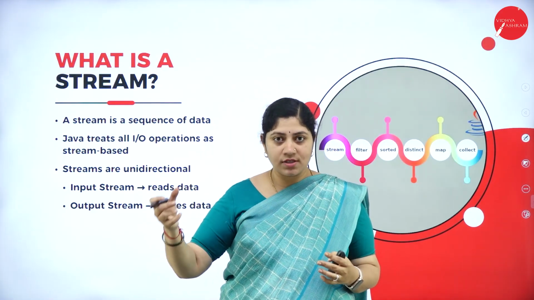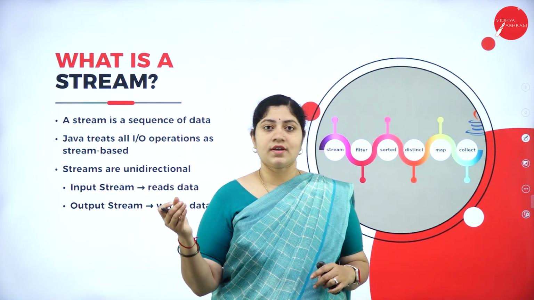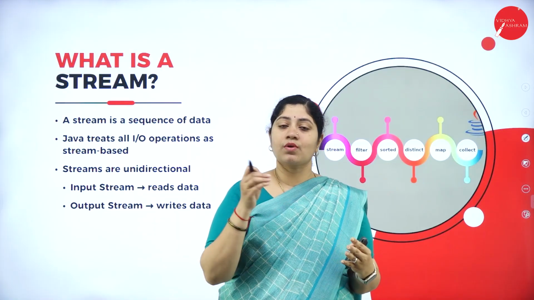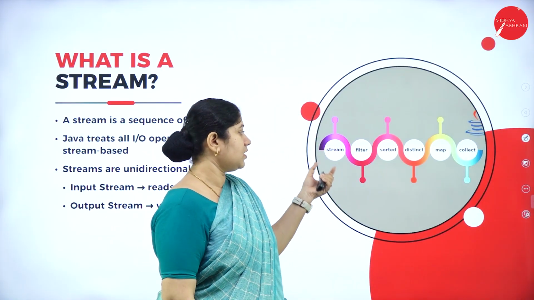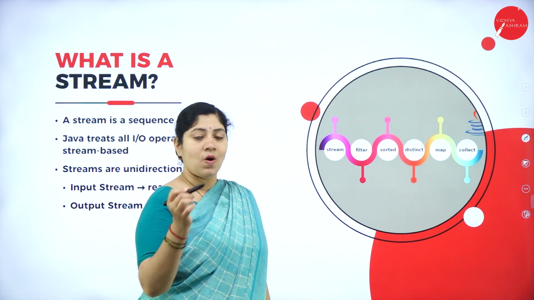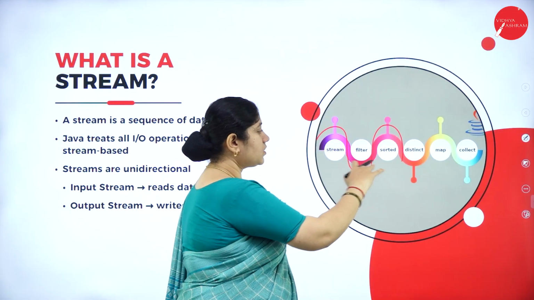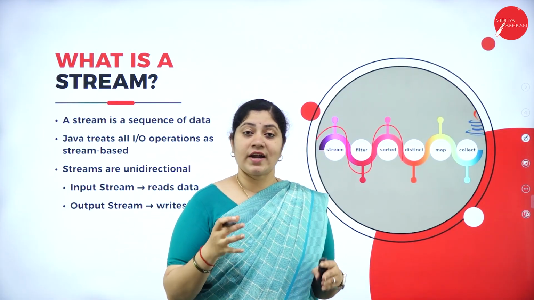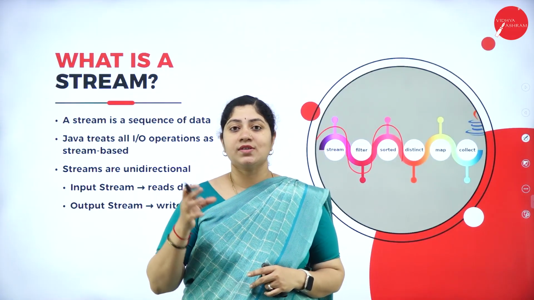It means if you consider an input stream, it is completely utilized to read the data, and an output stream is completely utilized to write the data into the destination. So over here we can see the stream, which forms a sequence of data. So this is all about a stream.